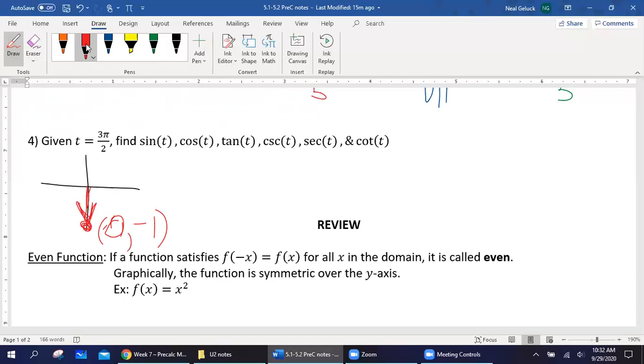And remember that those go cos, sine, for the x and the y. So the sine of the angle would be -1. The cosine of the angle would be 0. Tangent is sine over cosine. So that would be -1 over 0. Oops, can't do that. Tangent is undefined.